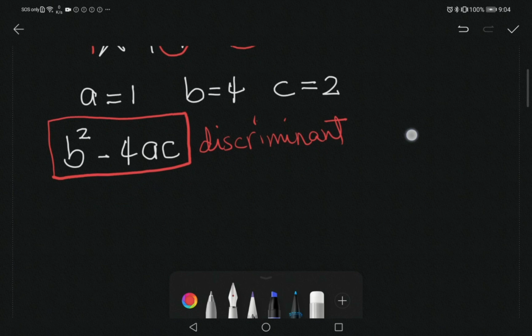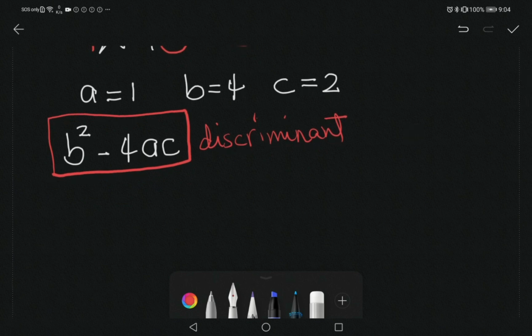So, atong i-substitute ang mga values. We will substitute the values. The value for b is 4. So, ato na siyang i-square.